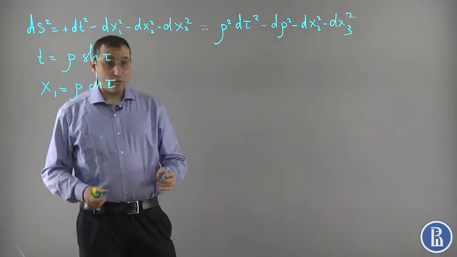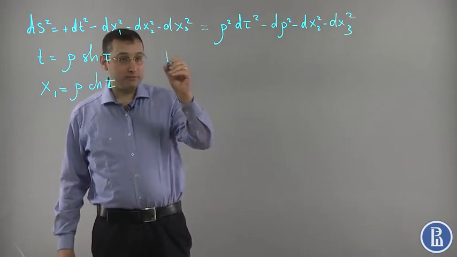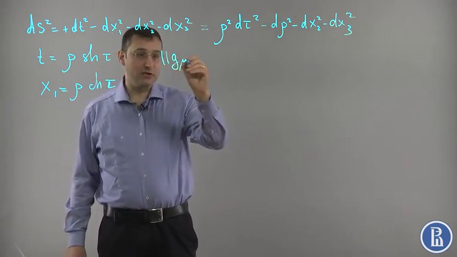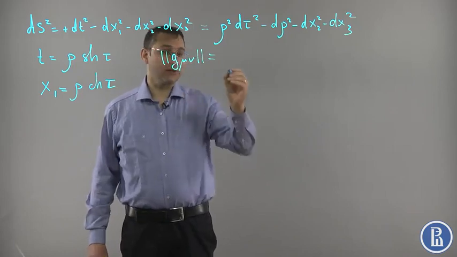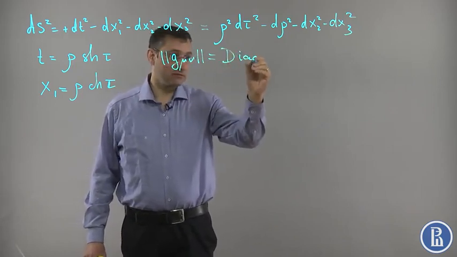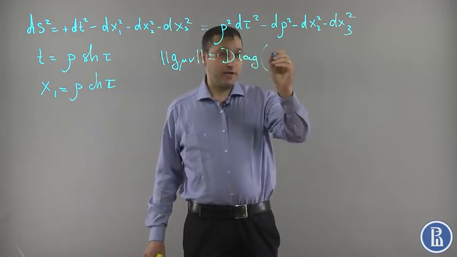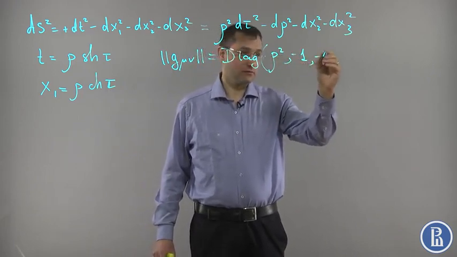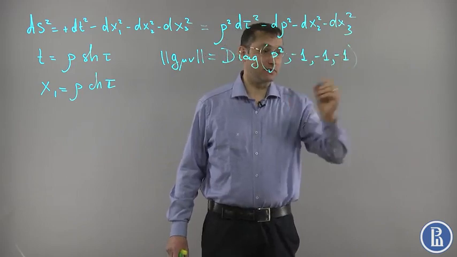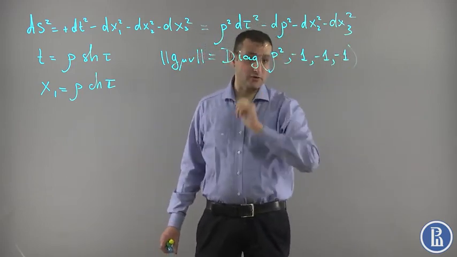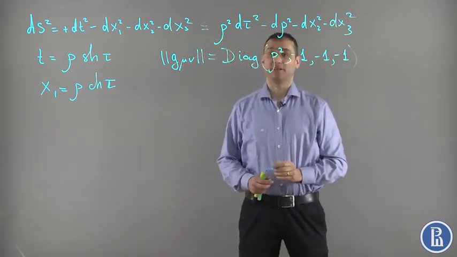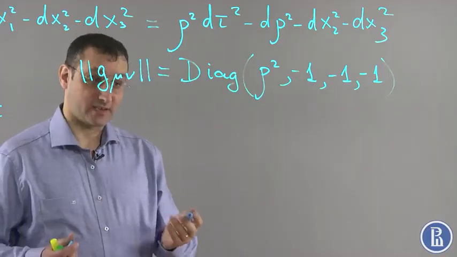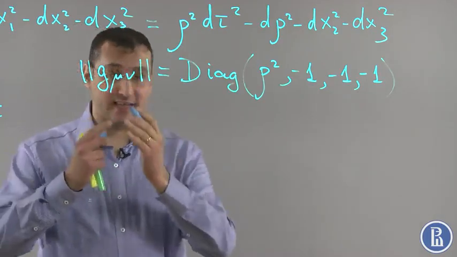So now we obtain a new metric tensor whose matrix G mu nu is diagonal and time independent as promised. It depends on spatial coordinates, it depends on rho, but doesn't depend on new time tau. So as we expected, we obtain a static metric.